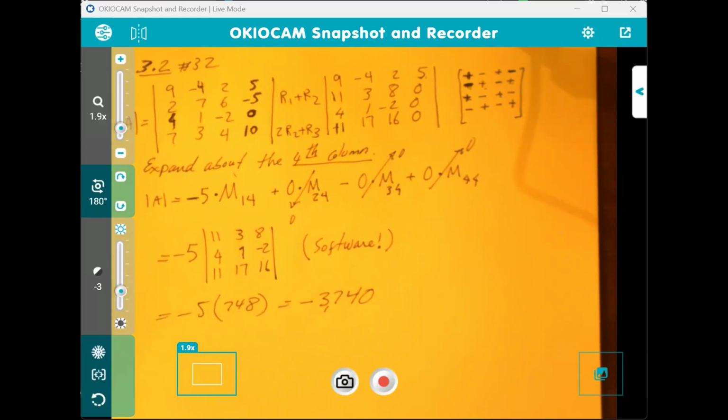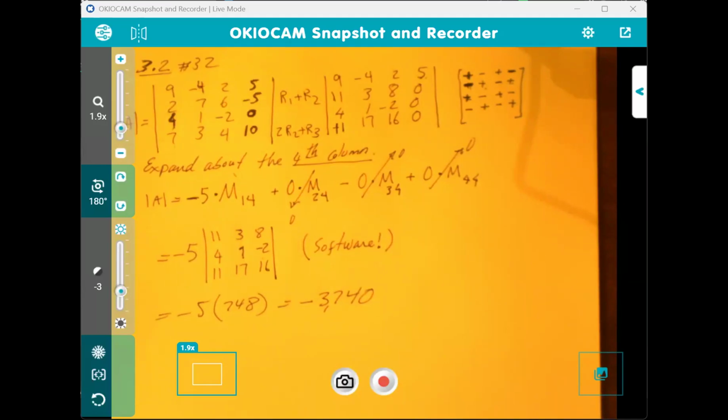And I have 4, 1, negative 2, 0, 7, 3, 4, and here I had a 10. And let's go determinant. And there you go, folks. Right down here. You see that? So it looks like we did it right. Perfect.